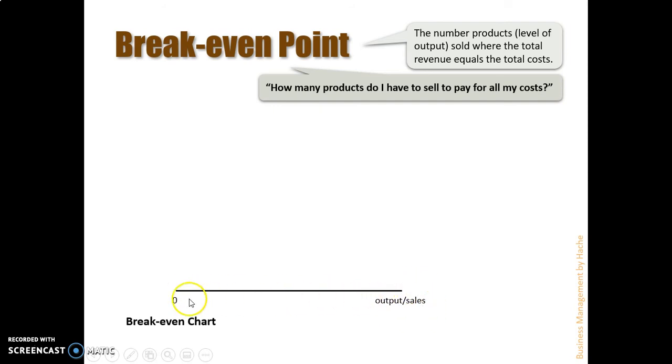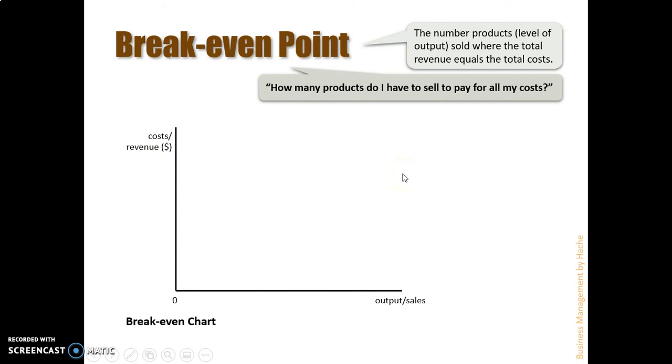So this is the number of products. The vertical axis is about the costs and the revenue. So the vertical axis is about the money. So remember, vertical, the money, horizontal, the number of products. Number of products, money you spend to make the products, or money you are getting from selling the products.